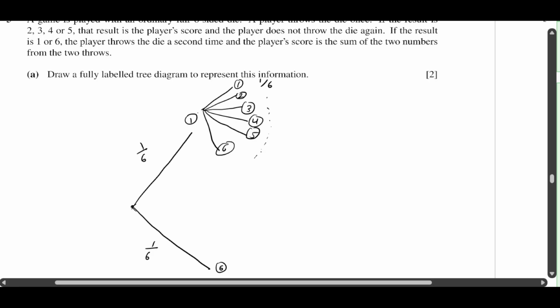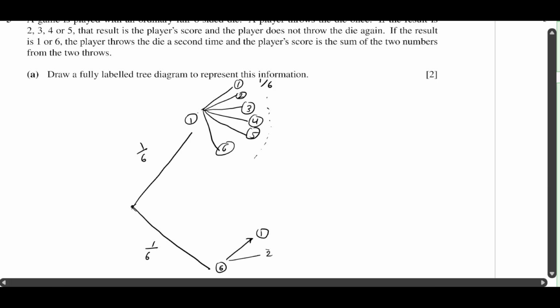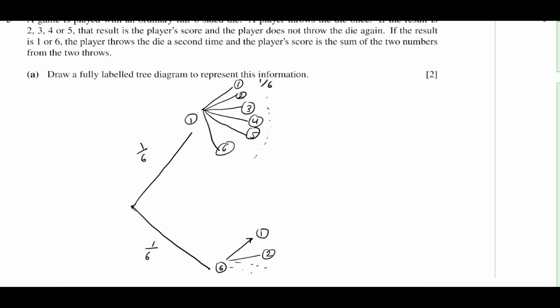So for all, you mention 1 by 6. It is the same here also: you can get 1, you can get 2, and so on, up to 6, and the possibility for each is going to be 1 by 6.